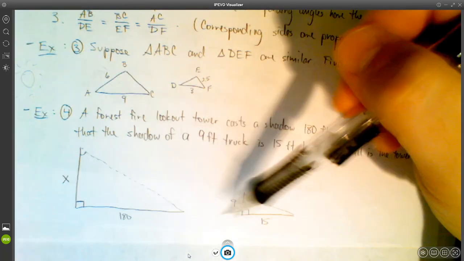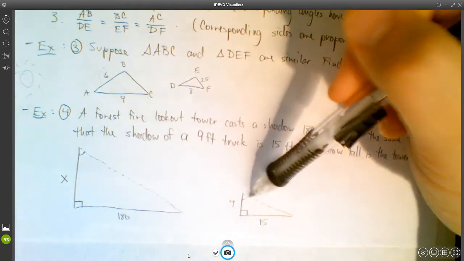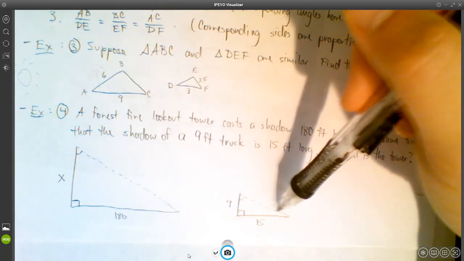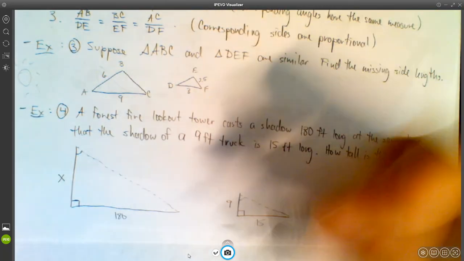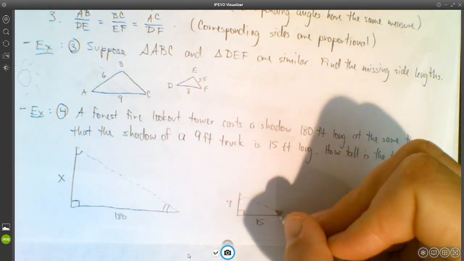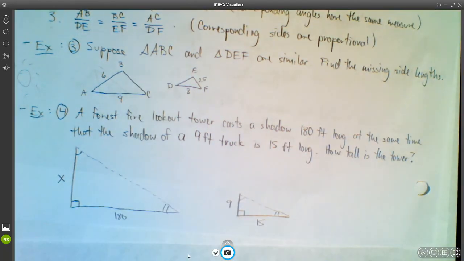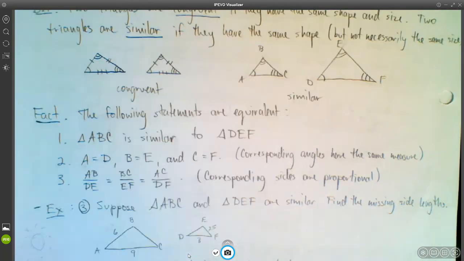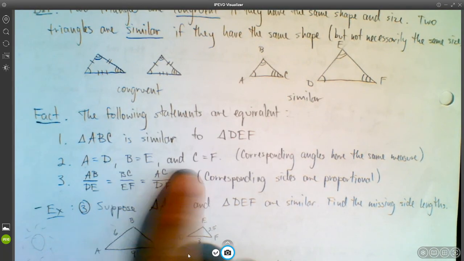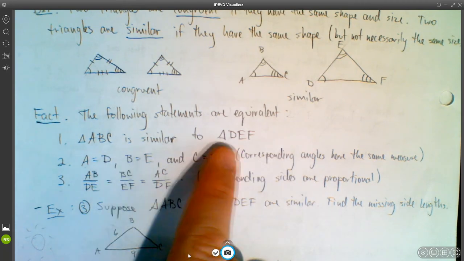So if these are both 90-degree angles and these angles are the same, then that means these angles must also be the same, right? If that's the case, then we've got two similar triangles. All three of the angles match. That's the same thing as saying that the two triangles are similar.